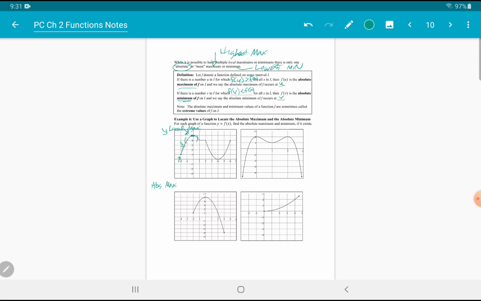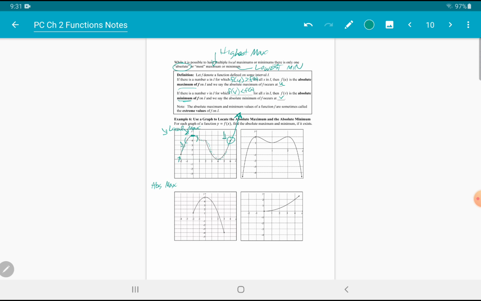The question here is, is this local max also an absolute max? As we keep going along the graph, now we're getting lower and lower. So it is possible that this becomes an absolute max. We keep going higher and higher. One important thing to notice is the graph shows an arrow right here, which means that this graph keeps going on and on.